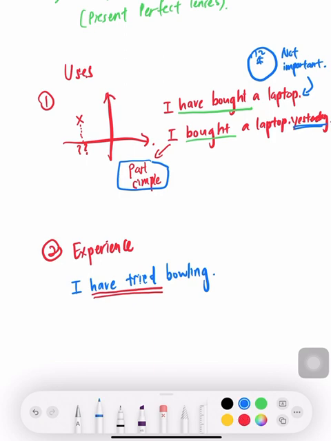You can also say, I have cooked a frog before. This one is talking about experience, because not everybody has the experience of cooking a frog. So I have cooked a frog means this is the kind of experience that I have experienced before.